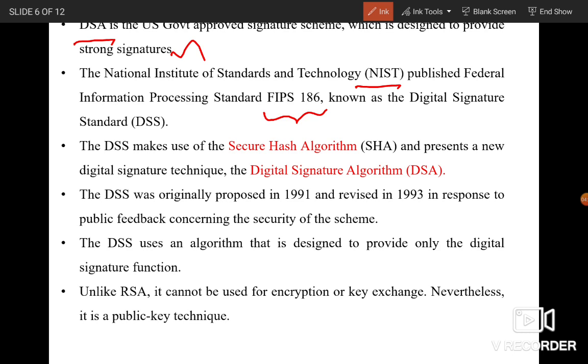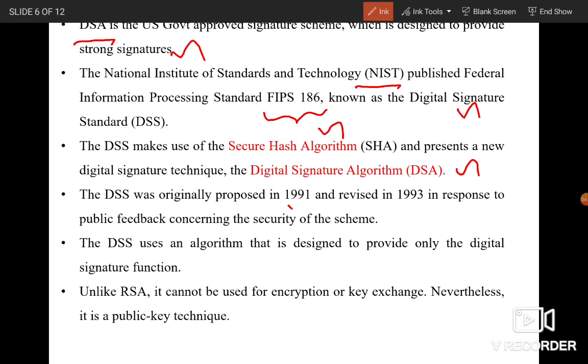It is known as the digital signature standard. This digital signature standard uses the hash algorithm known as SHA, the secure hash algorithm, and presents the new digital signature technique known as the digital signature algorithm.